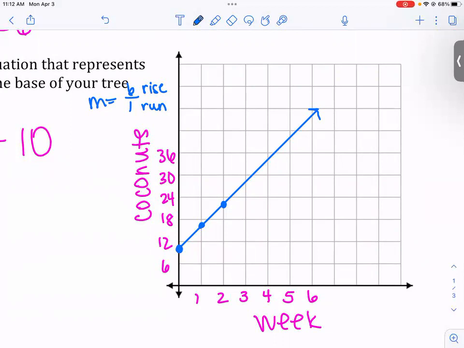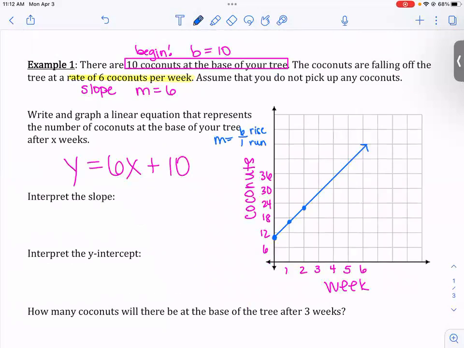What does 6 mean? Our slope is the rate of coconuts per week.